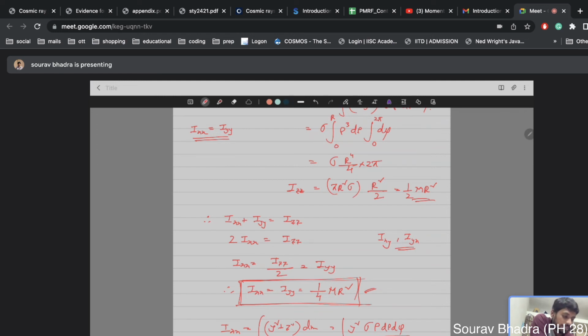So Ixz, Izx or Iyz, Izy will be 0, but these two you can calculate and verify whether these are 0 or you are getting a non-zero value. So just do this. Ixy will be just the integral of xy dm, with a minus sign. Just try to calculate this now.